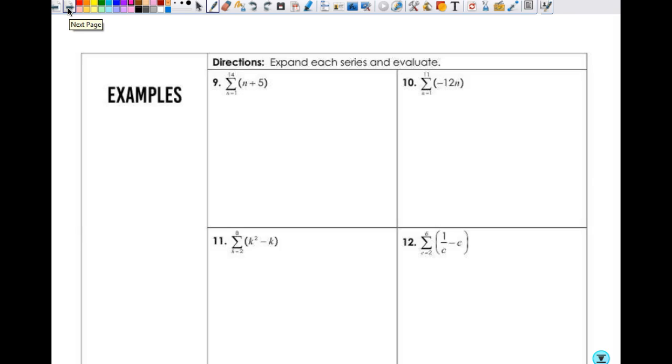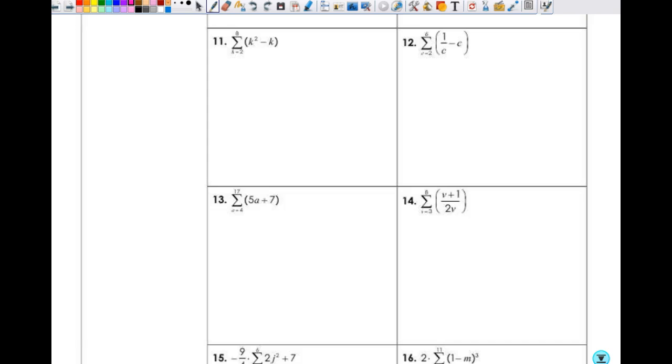So I want, let's see. Let's start with number 11. Okay? I want the sum, but I'm not starting with 1. It is starting with 2. See how it goes from 2 to 8? K is equal to 2 to 8. So we're going to say that this is going to equal, well, k squared minus k, I'm starting with 2.